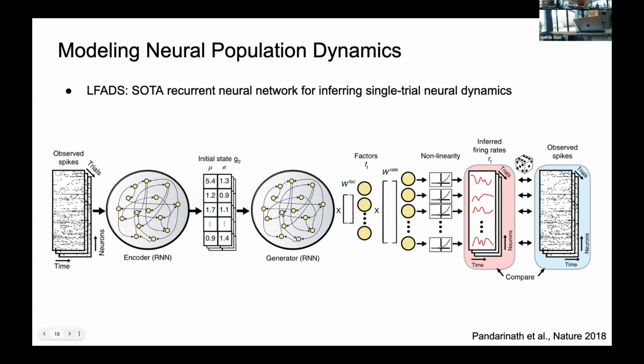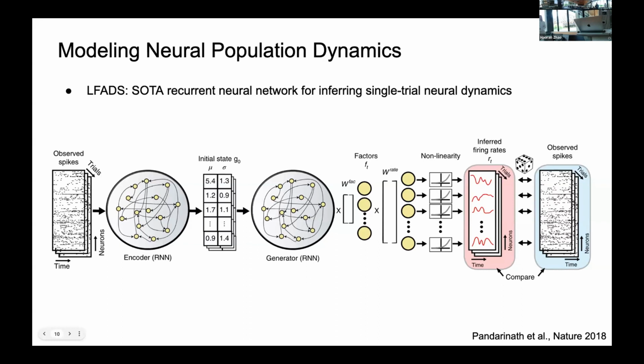To process all this large-scale neural data, people have turned to artificial neural networks for modeling the underlying neural dynamics. One famous model is called the LFADS model. This is a recurrent neural network in the framework of a variational autoencoder. For a long time it has been a state-of-the-art model to infer the underlying dynamics.